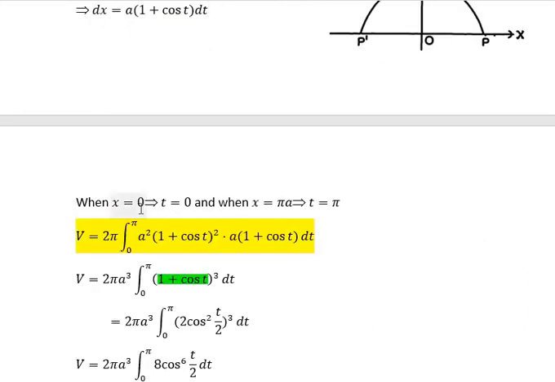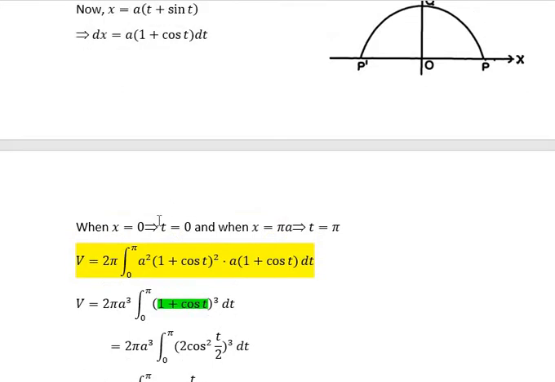When x becomes 0, if you put x is equal to 0 in this equation, a into (t plus sin t) becomes 0, which implies that t is equal to 0. When x is equal to πa, a(t plus sin t) is equal to πa. So a cancels, t plus sin t is equal to π, which implies that t is equal to π. When x is equal to 0, t is equal to 0, and when x is equal to πa, t is equal to π.